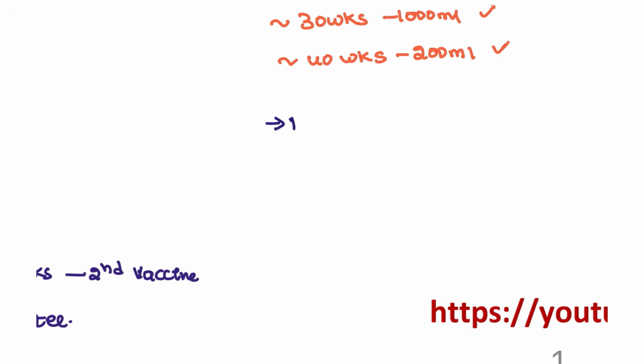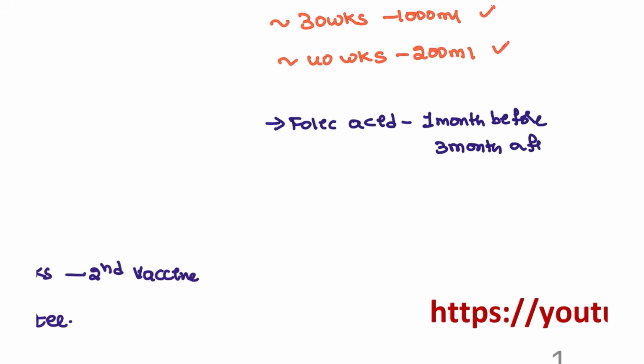First and foremost important is folic acid. Okay, folic acid has to be given to the mother, and generally if they want to conceive, 1 month before and 3 months after, we have to give this folic acid. How much is the dosage? 400 micrograms.